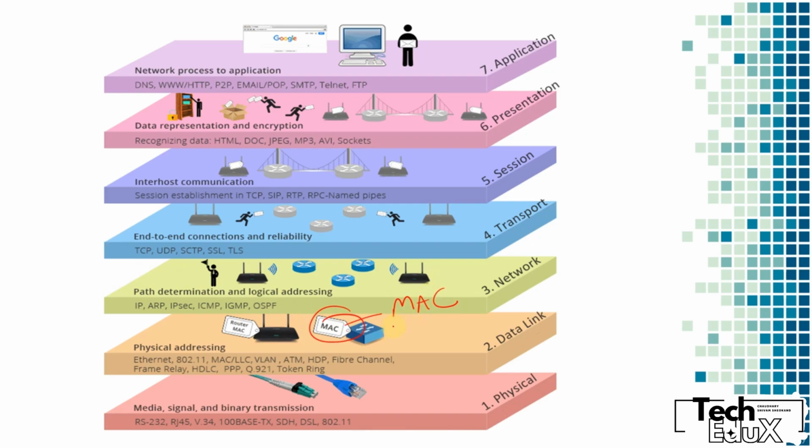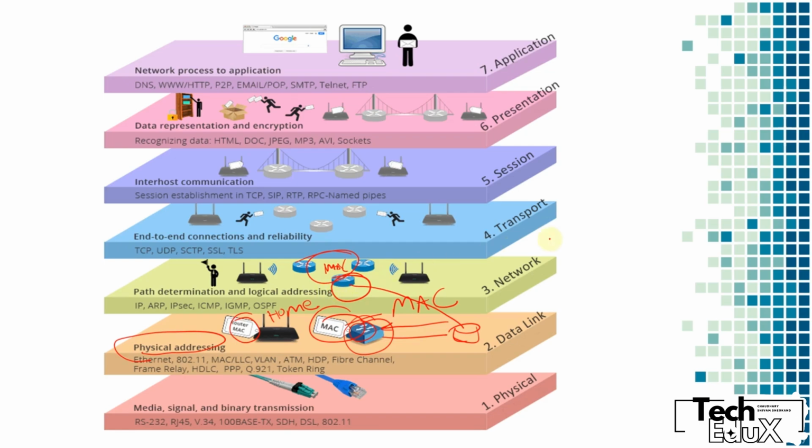If there is any problem at the data link layer, you immediately need to go into the switches and take a look at what is going on. This has to do with physical addressing. It could be the router MAC or the switch MAC. Sorry, this is the router that is used at home, but if I'm talking about the ISP, these kinds of routers are used in ISPs. Routers also have a MAC address.